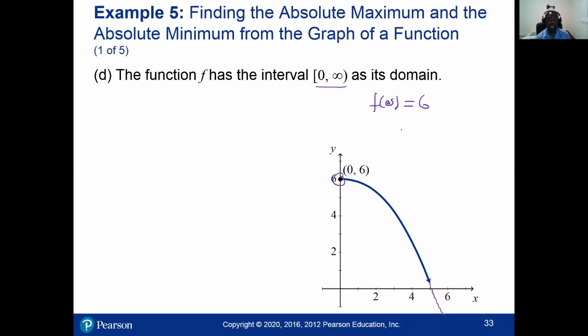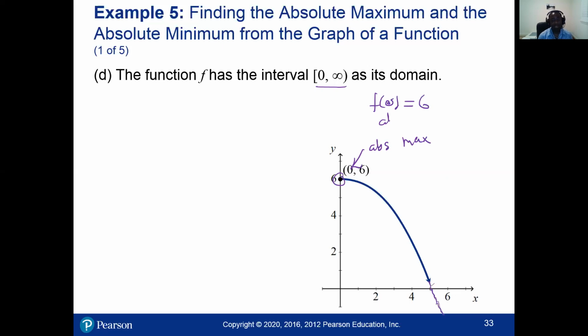So that will be the absolute maximum. So this point here, we have an absolute max. Is it a local min? Can we have a local min there? No, because it's at an endpoint. Does it have an absolute minimum? No, we don't even know where the graph is going.